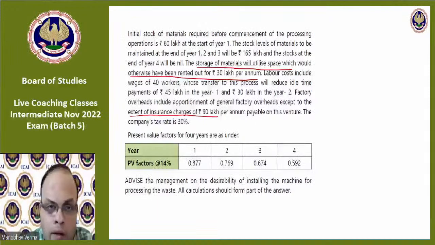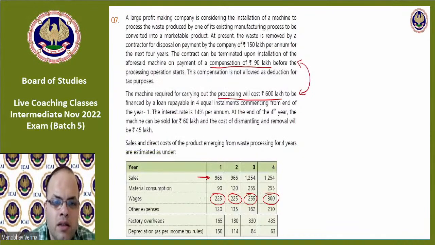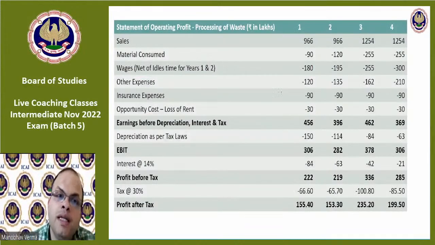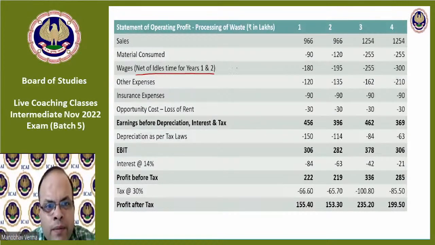Pooja, I will talk about the penalty in a while. But everyone agreeing that that 45 and 30 lakh is a saving in this. And that is why you could see wages of year 1 and 2 is net of idle time. That is considering the savings.